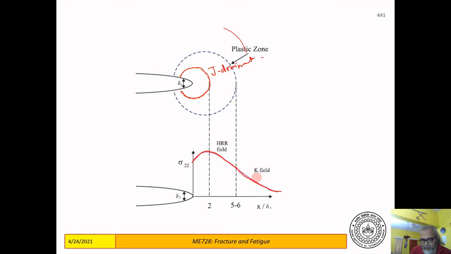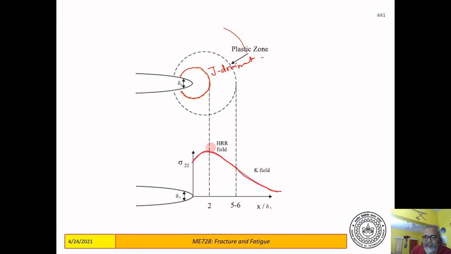You may or may not have this; if the HRR field is too large and engulfs and overwhelms the K field, then you may not have this region, but you almost always have a large deformation region, and then an HRR region, and then you might or might not have a K field.